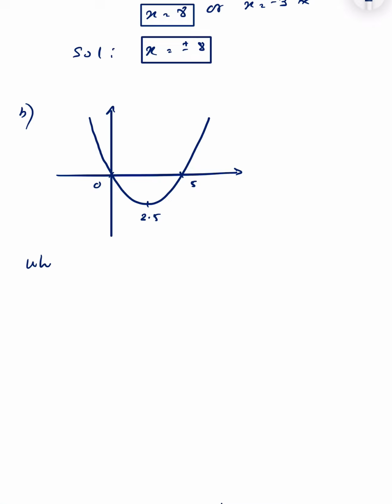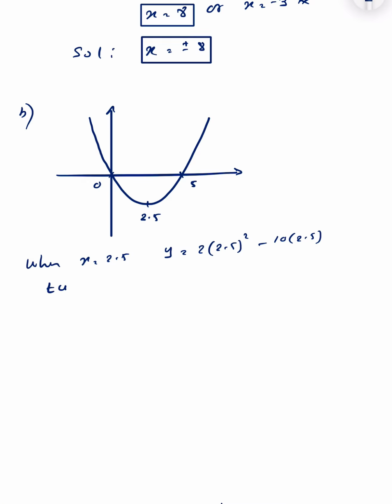So when x is 2.5, let's find the y value first. 2 into 2.5 square minus 10 times 2.5. Let me use the calculator for that. That is minus 12.5.